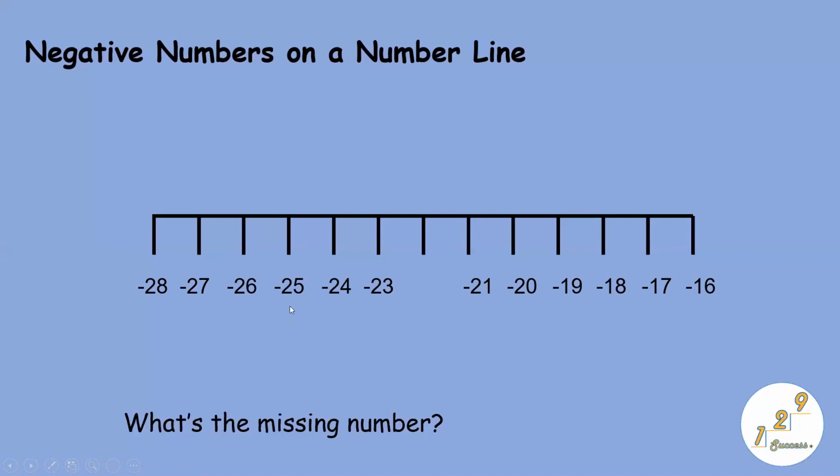So we are adding 1 to get from -26 to -25. Then we are going to add 1 to get from -25 to -24, add 1 to get to -23, and then we need to add 1 and we get -22. If you didn't get that right, rewind and have a go again.